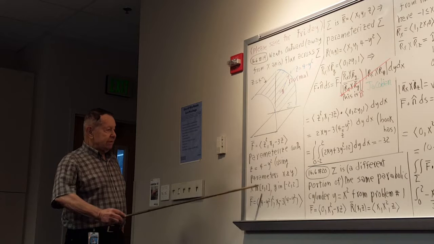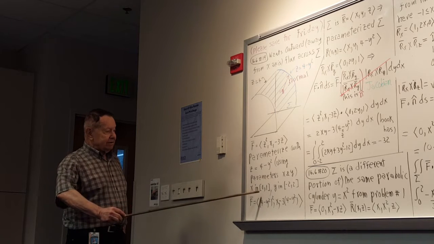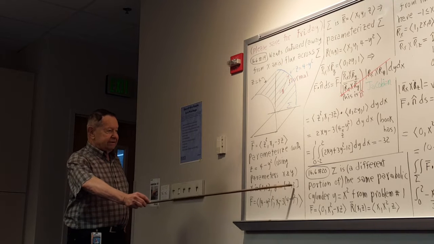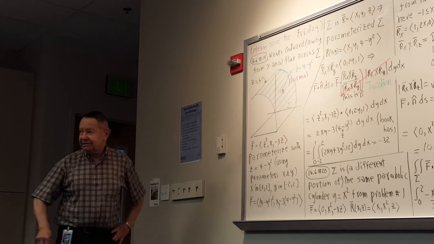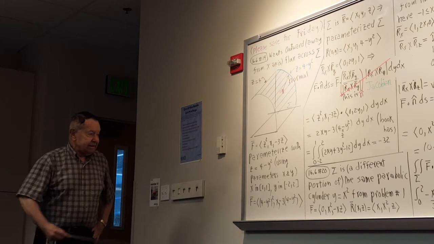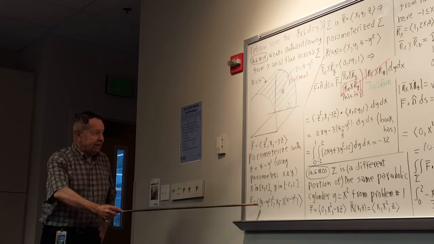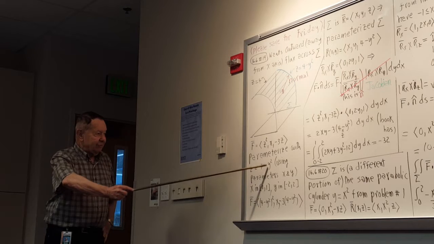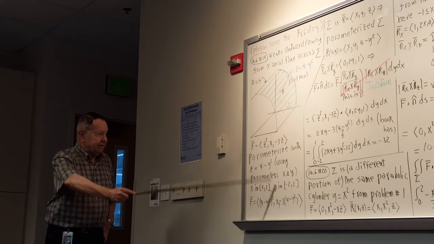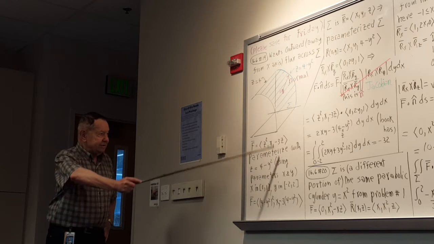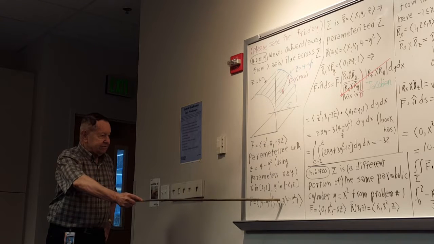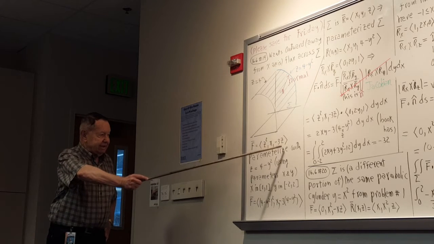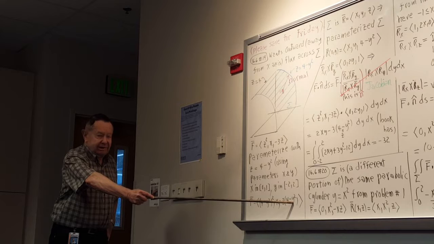So the parameters are x and y running 0 to 1 and minus 2 to 2 because the story says so. And so parameterized then, I've replaced the z squared by 4 minus y squared, x is x, and minus 3 is minus 3, and then z is 4 minus y squared.